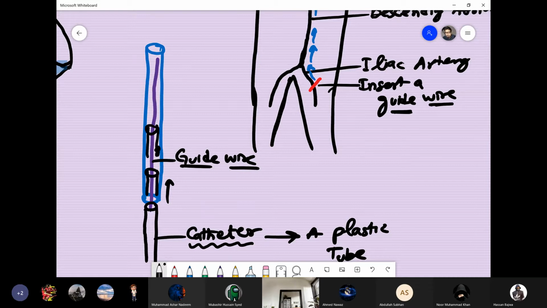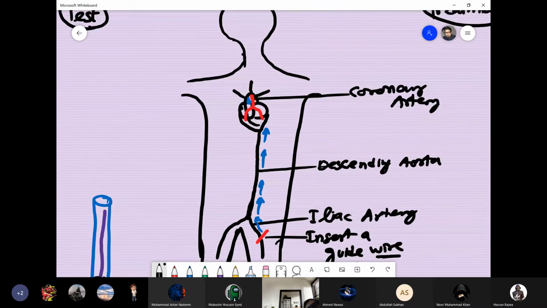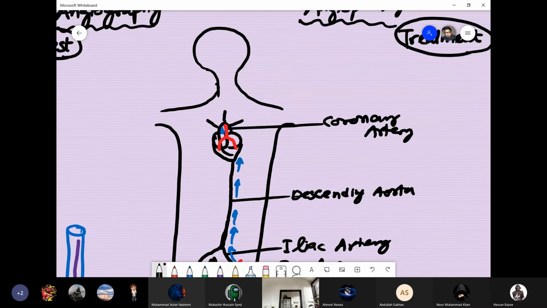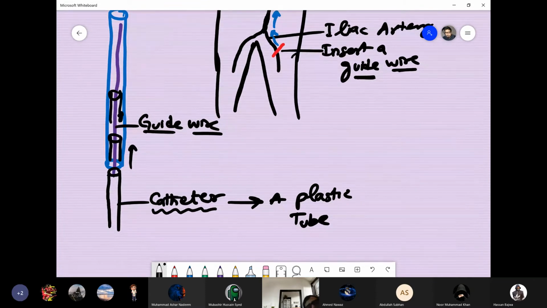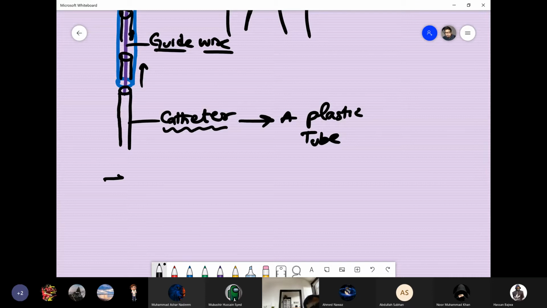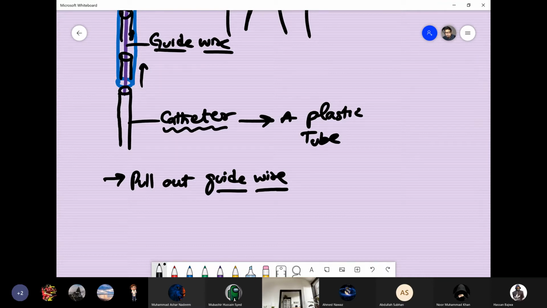Means that now the wire is inside of the catheter. Where the wire has gone, the catheter will reach over there. Eventually the catheter will reach the coronary artery. After the catheter has reached the coronary artery, the doctor will pull out the guide wire. The job of the guide wire was to guide the catheter into the coronary artery.